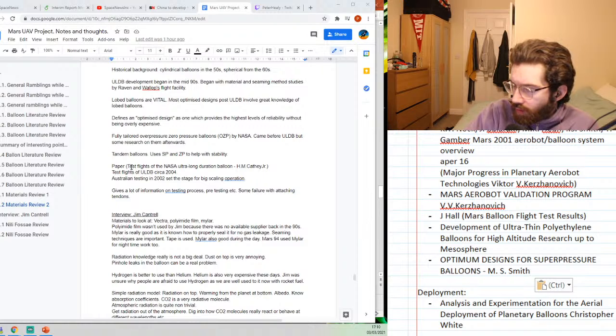And then this test slide is another super pressure balloon as well.